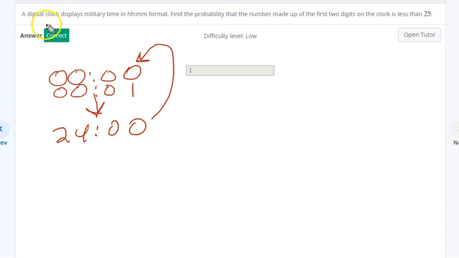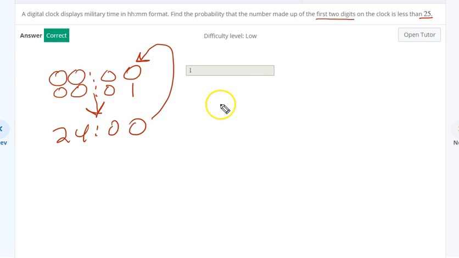Now, they're asking us here, find the probability that the number made up of the first 2 digits is less than 25. Well, the highest it goes to is 24, so that it's going to be less than 25 is always.